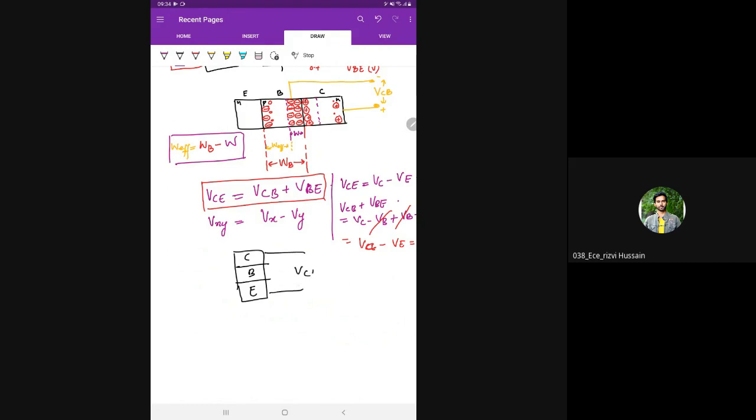VCE is this much, VBE is this much, and VCB is this much, between collector and base junction. So we can say VCE is equal to VBE plus VCB.